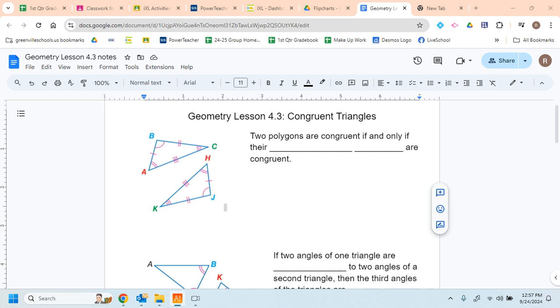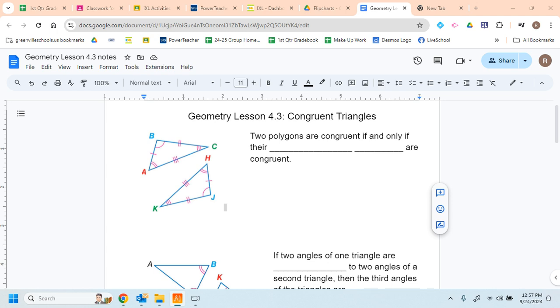B only has one, so B goes with J, and C goes with K. So the angles are the same.